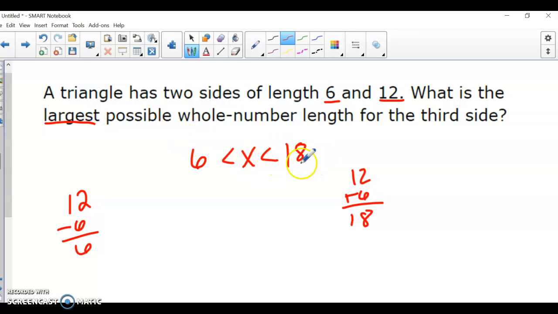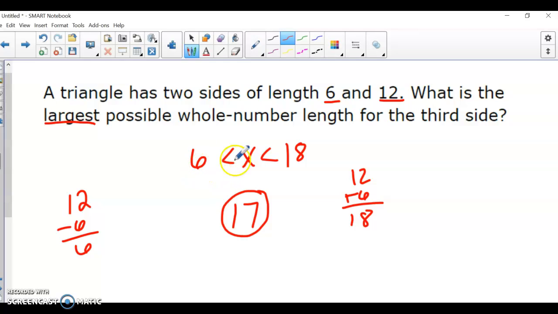The trick to remember is that this is not saying "or equal to," so it can't actually touch 18. So the biggest whole number before 18 would be 17. If it asks for the smallest possible whole number, on our small side we have 6, but this doesn't have "or equal to," so we can't actually touch 6.